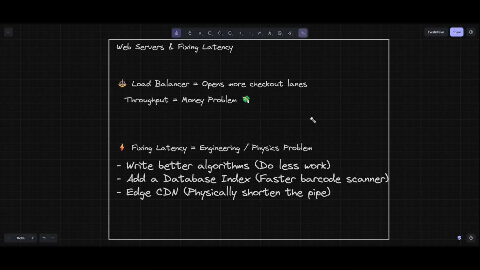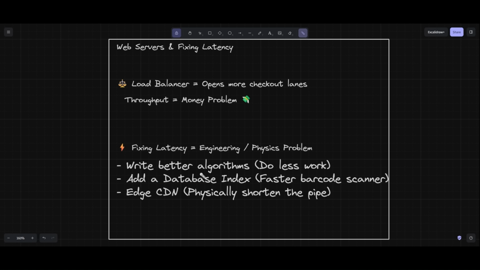So how do you fix latency in the grocery store, right? Let's say we actually want to bring that 5 minutes down. Well, you have to change the fundamental execution of the task. You give the cashier a faster barcode scanner, or you introduce self-checkout so people can scan stuff in parallel. Or, if we map this back to computers, you optimize your database query.